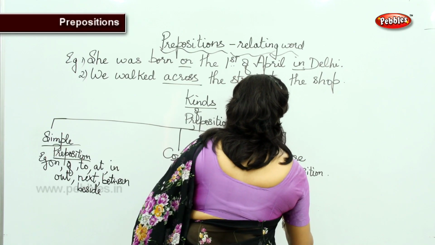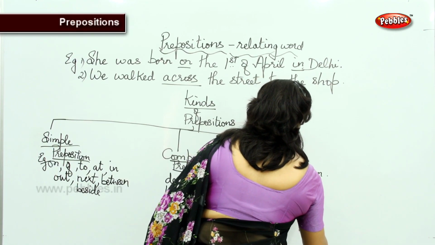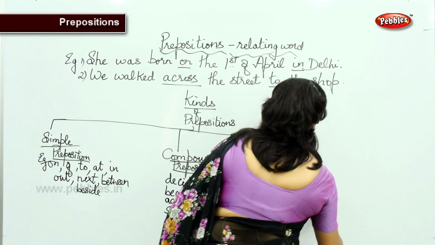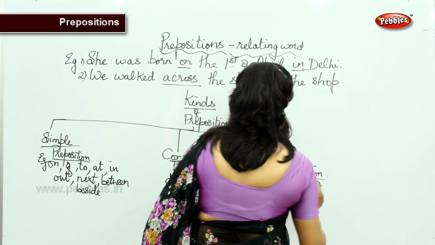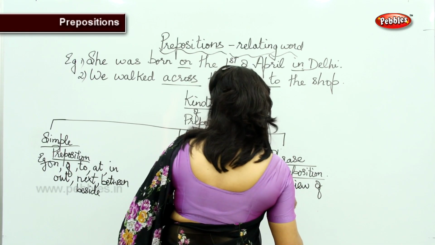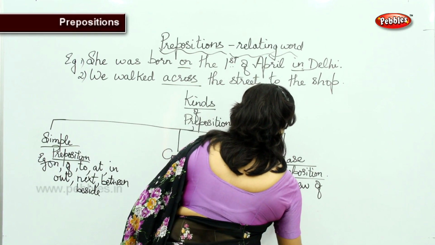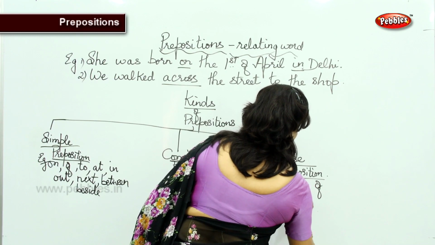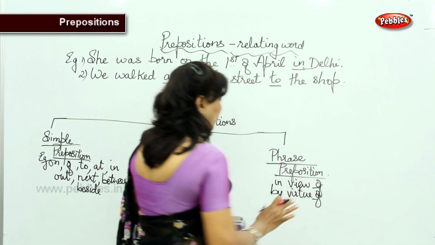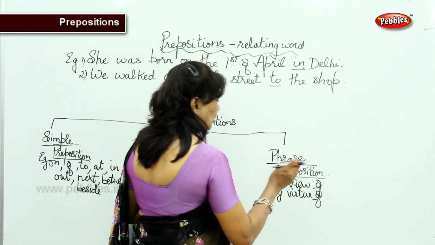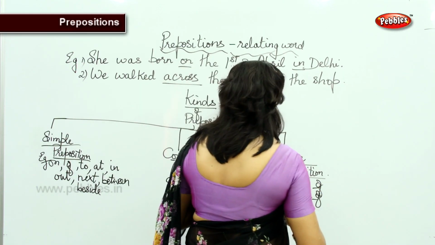In view of, it has three words. Okay. In view of. Next one, by virtue of. You have one preposition or even two prepositions along with another word.